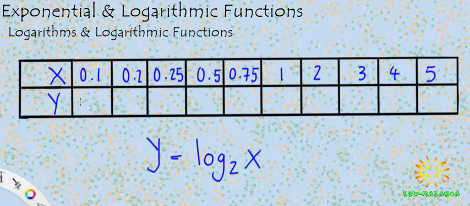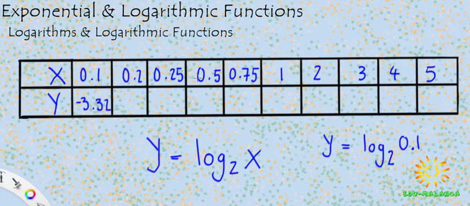Now we're going to determine the values of the range, and how we do this is by substituting these values into the equation. So let me, for example, do the first one. When x is 0.1, your y will be y is equal to log base 2 of 0.1. Put this into your calculator and you'll find that the answer is minus 3.32.